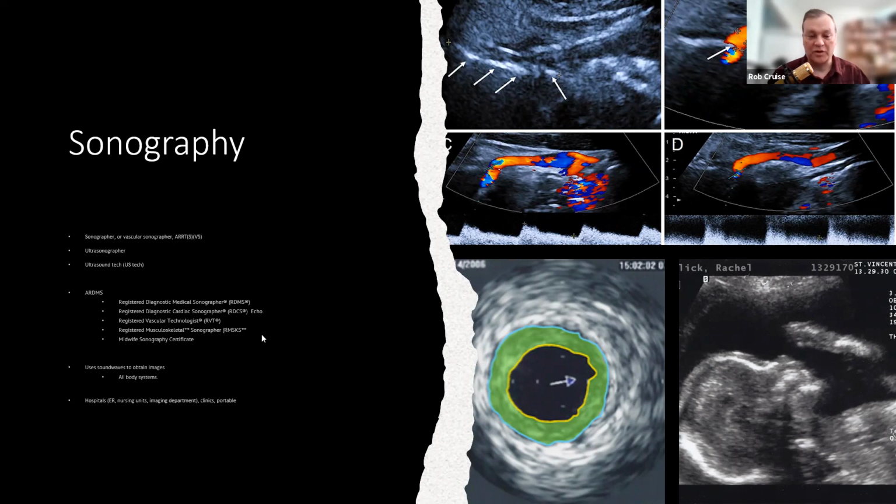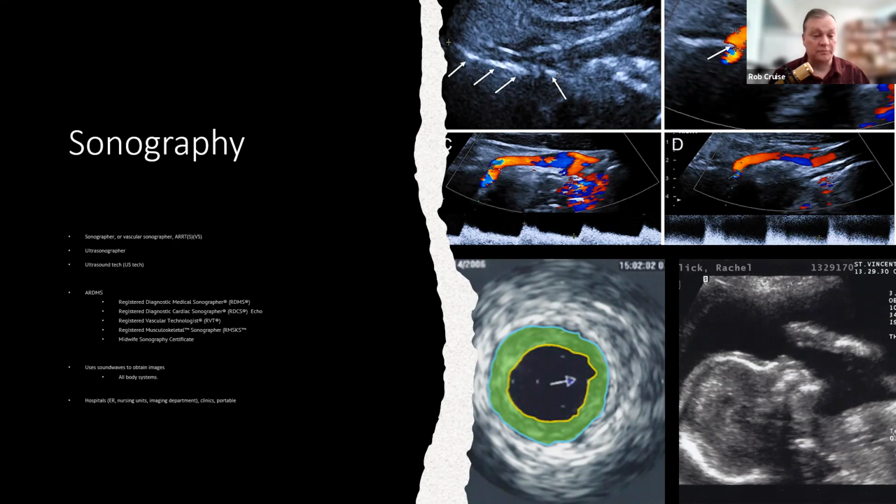There are a couple others. You can be an echo tech, which we'll talk about later, and that's looking at the heart. You can be a musculoskeletal ultrasonographer, looking at the joints.